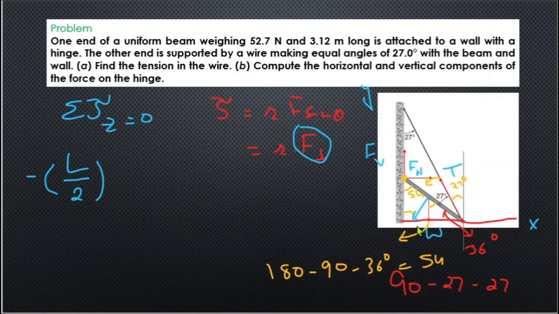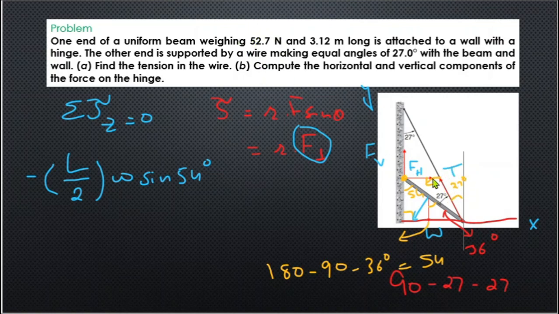The perpendicular component of the weight would point in that direction. Now if I apply the rules of trigonometry, that component would be equal to W sine of 54 degrees.